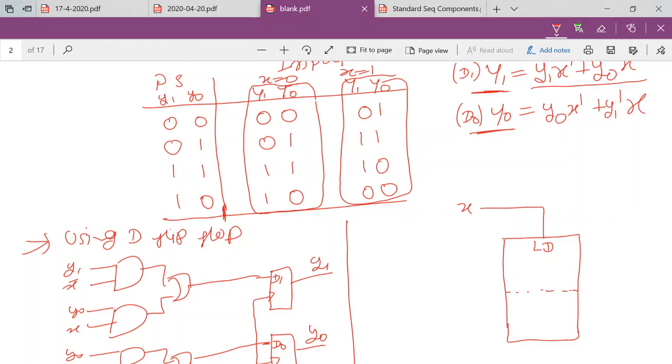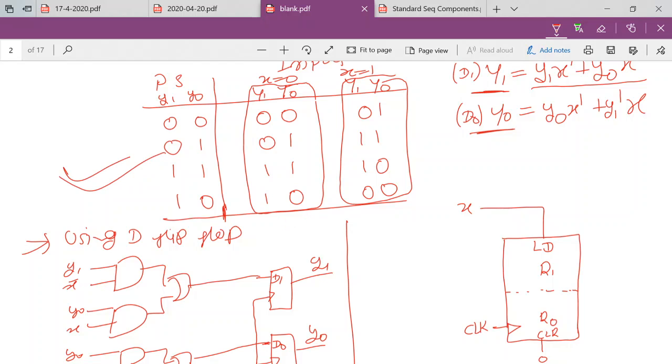That means there would be two registers, like R1 and R0, and we are applying X to the LD control input of both registers. There would be a common clock signal again, and there would be a clear input. We can apply 0 because at no moment do we want to clear; we want to implement this desired function.